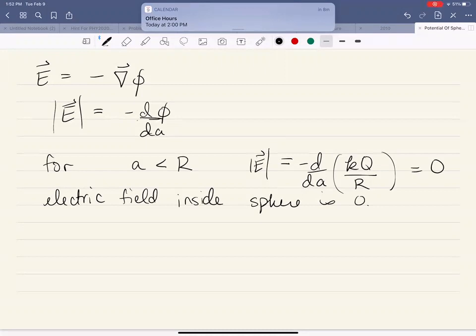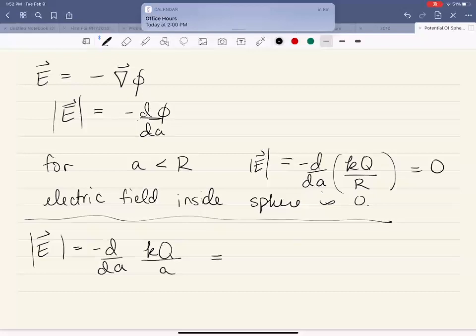All right, now, once you get outside, the magnitude of the electric field is minus d/dA of KQ over A. And so that's going to be KQ over A squared. And as you know, that's the electric field due to a point charge when you're outside of the point charge.